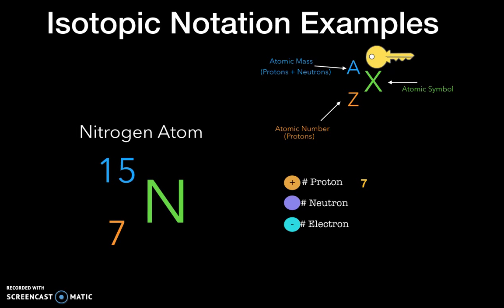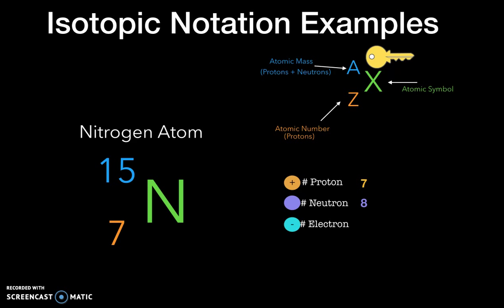The number of neutrons, however, is when you have to do a little bit of math. In order to figure out the number of neutrons, we can take the atomic mass, which is the number of protons and neutrons, and subtract our atomic number from it to leave us with the number of neutrons. So 15 minus 7 is 8, and that is our number of neutrons.